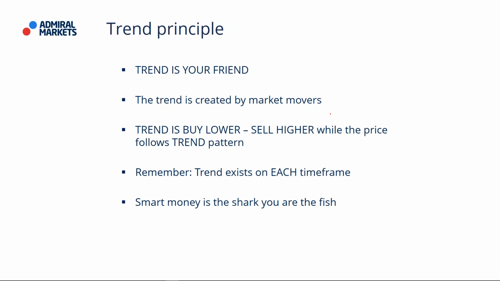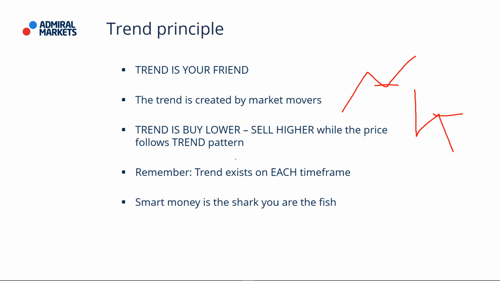But one thing is always the same. Trend is buy lower, sell higher when you see a trend. It's always buy lower, sell higher. If there is an uptrend, then you want to buy lower. If there is a downtrend, you want to sell higher.